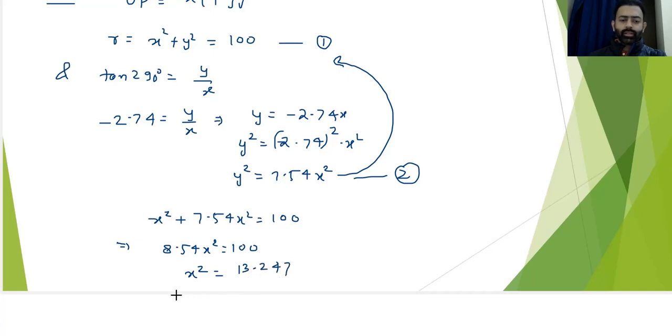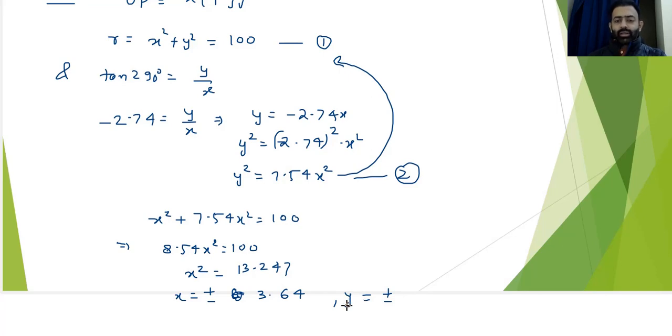Okay, and if I take the square root of this, I will get two values, which are 3.639, or simply I can use 3.64, plus minus. Okay, approximate values. So if x is plus minus 3.64, you will get y as some plus minus value, whatever it is, right?